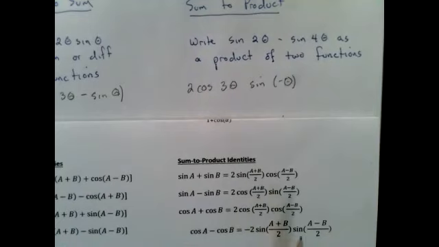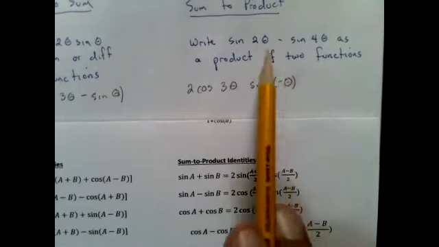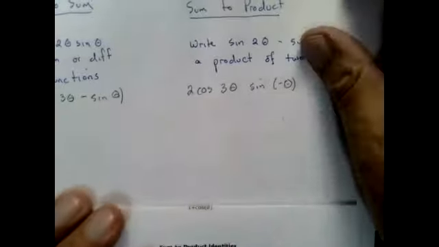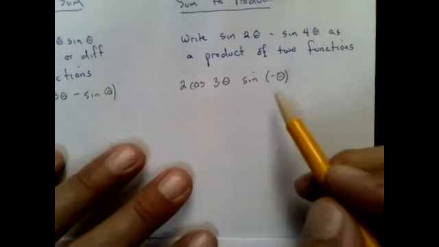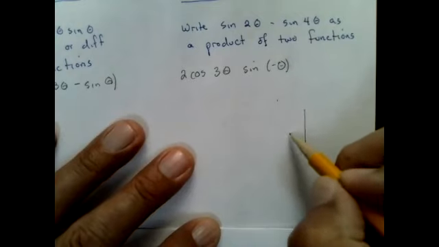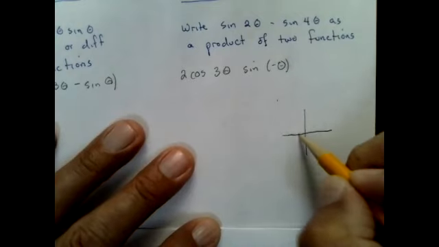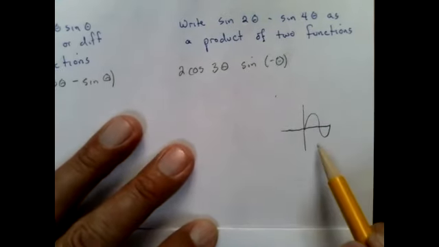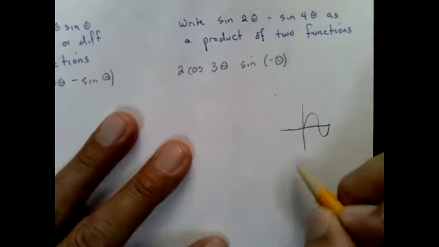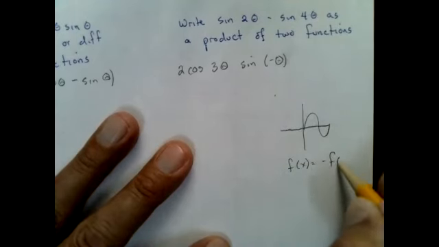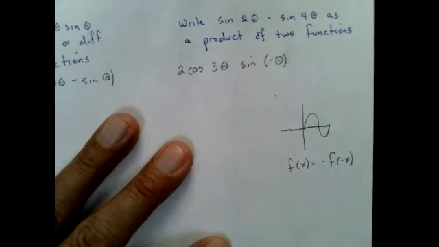So I'm using these formulas to convert some craziness into maybe something else I can work with. Now, I'm not going to let this one go. I don't like negative sine of theta, but I know sine was an odd function. That's the one where f of negative x equals negative f of x.